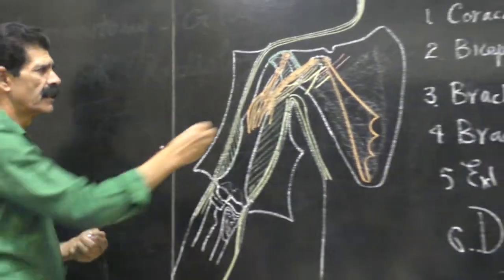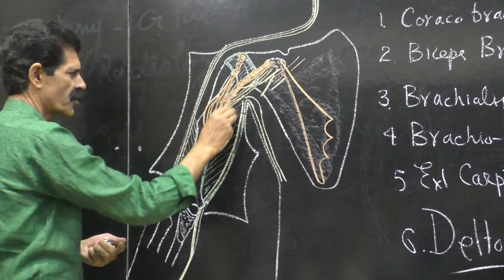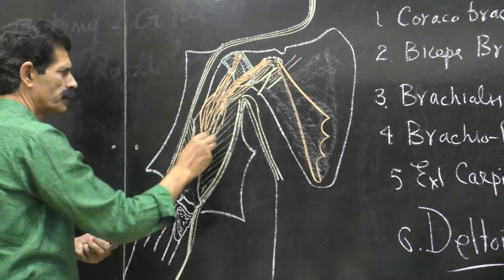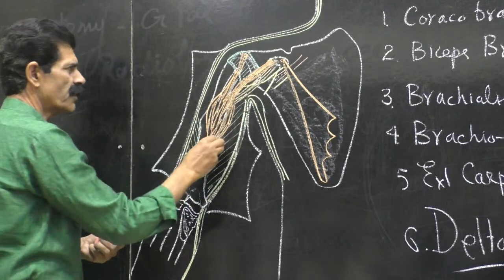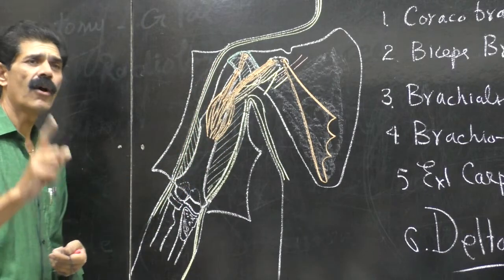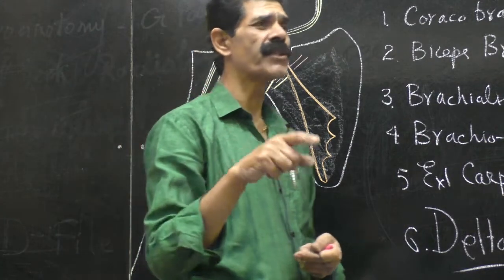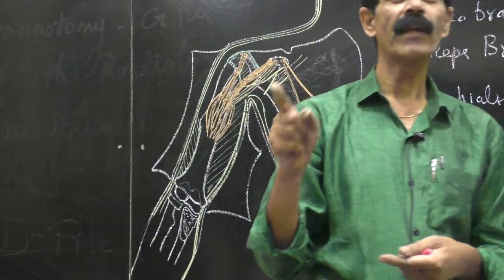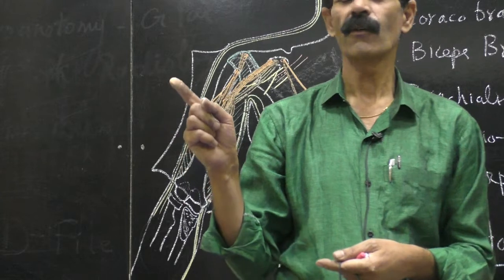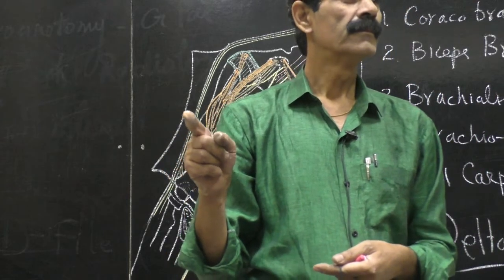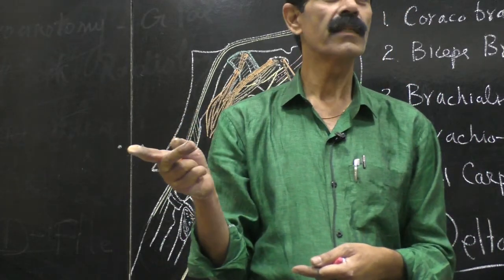Two heads, long head, short head. So its origin is very special. Not only the long head, the short head is also special. Why? Because it is also sharing its origin with the coracobrachialis. Again, both heads are important in their origin.